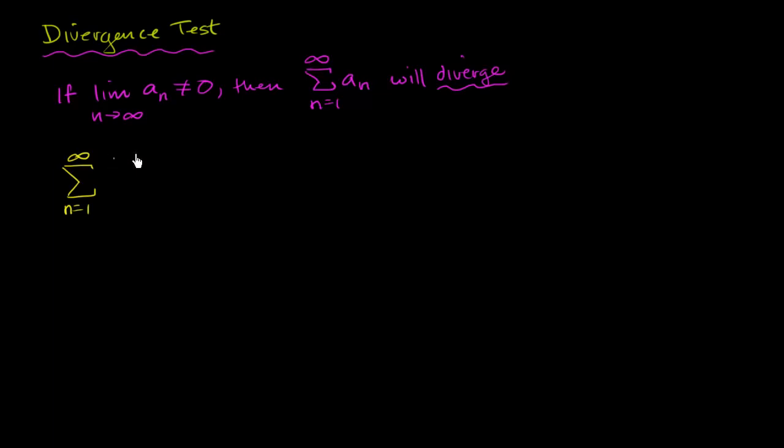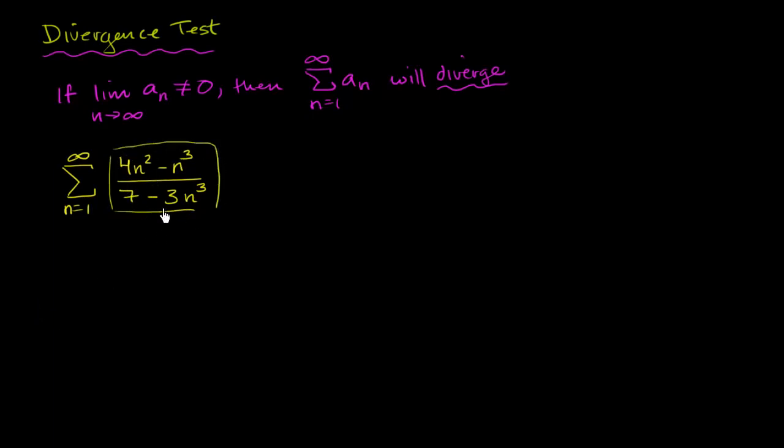And so let's say we have the sum of (4n squared minus n to the third) over (7 minus 3n to the third). So given what we know about the divergence test, is this series going to converge or diverge? Well, let's just look at what we're taking the sums of.